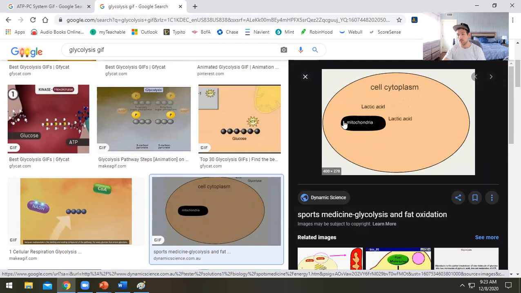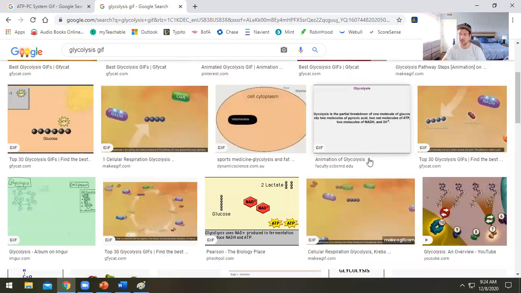That liquid gooey portion of the cell is going to leave you with a little bit of ATP. But it's also going to have these byproducts, in the form of pyruvates and lactic acid. That's going to go into the mitochondria, and we'll talk about that in just a second.